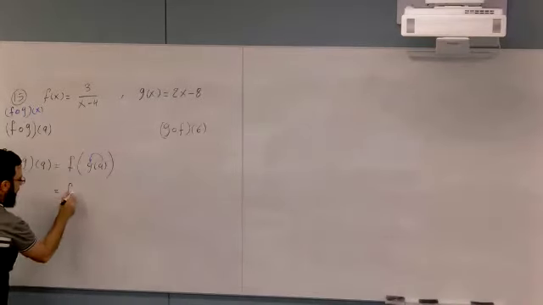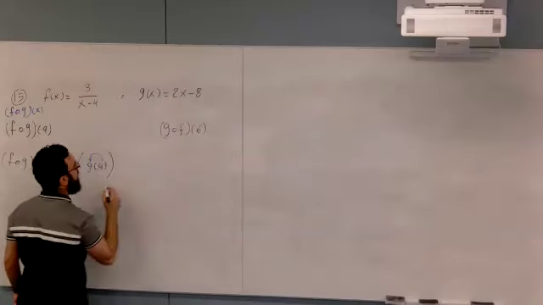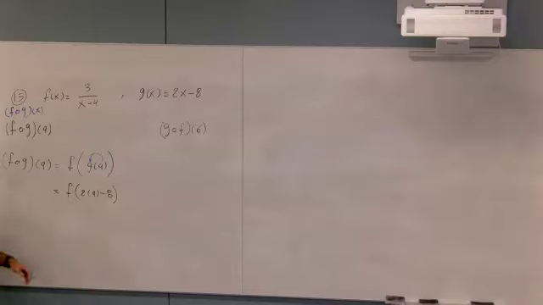So here is F, G to the 9. That means it's going to be 2 times 9 minus 8. 2 times 9 is 18, 18 minus 8. So it's going to be F to the 10.